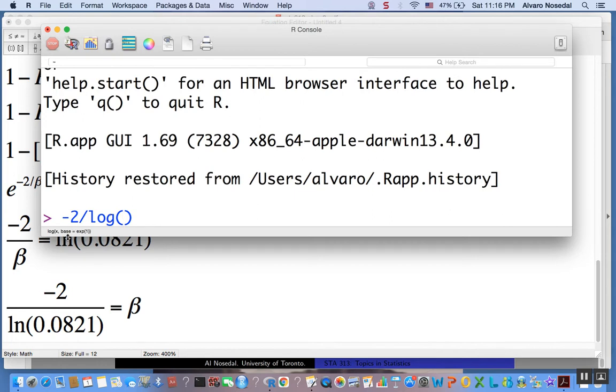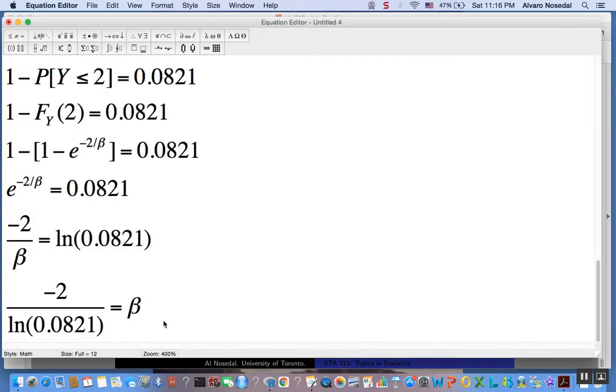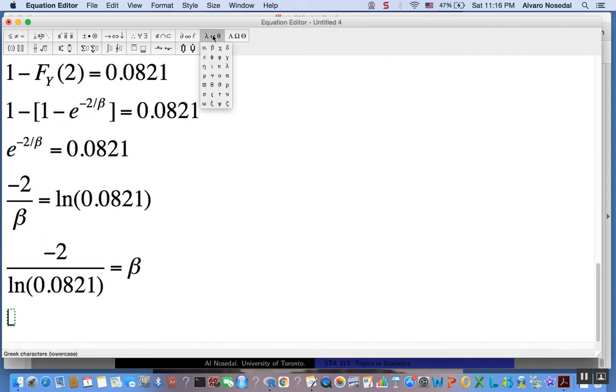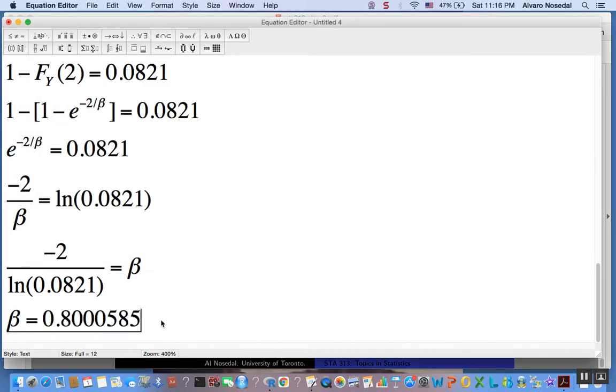This is the default in R. When you do this log, what we mean is natural log. So in this case we want 0.0821. So beta is roughly 0.8. Beta is exactly that value, and roughly 0.8.